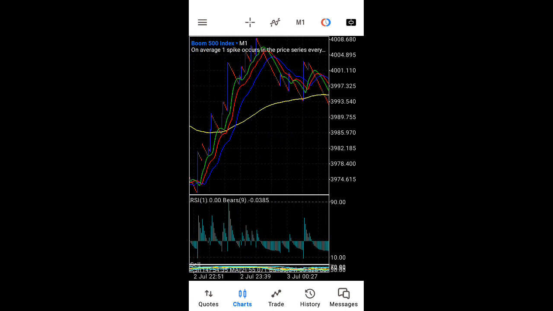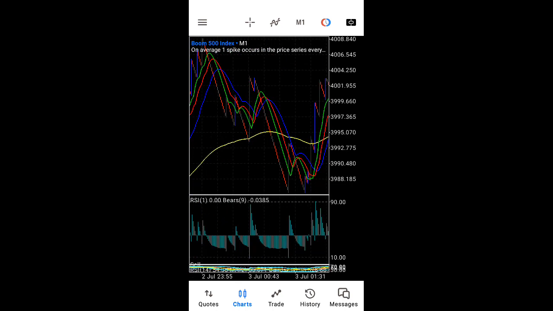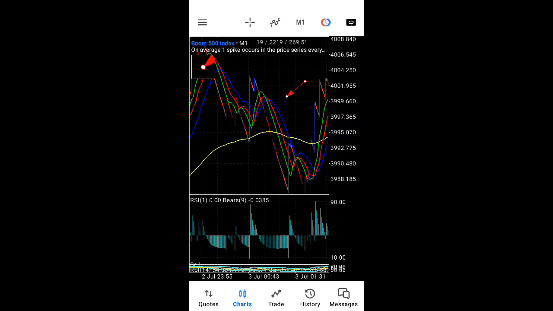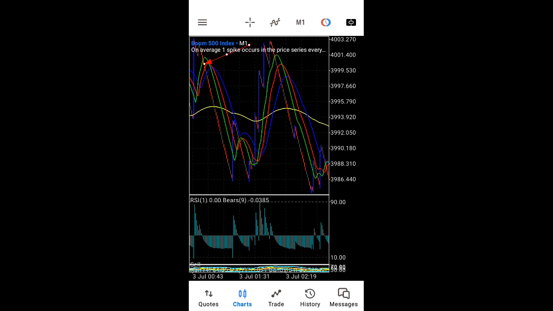And this right over here is our alligator, and down below on our indicator window 1 we have our RSI and the bear's power. So let's get to the video, then I'll show you the settings somewhere in between.